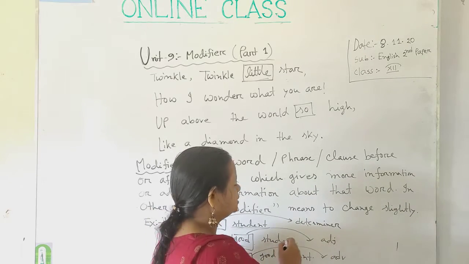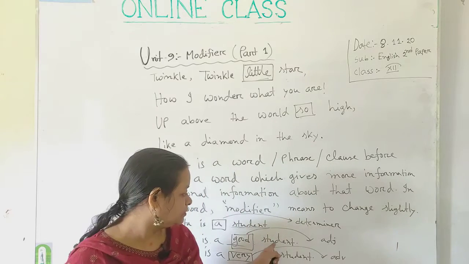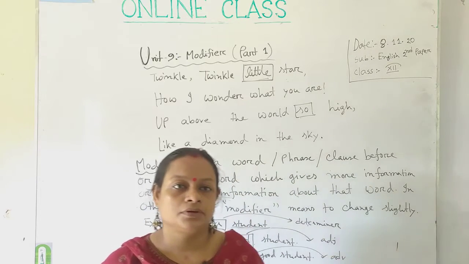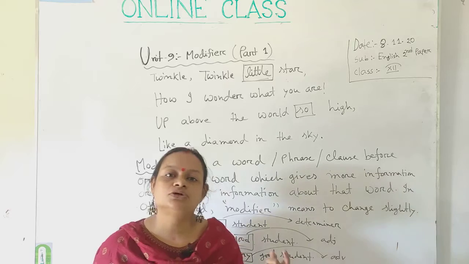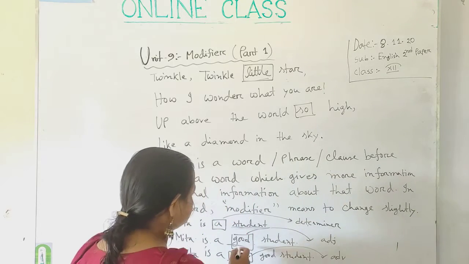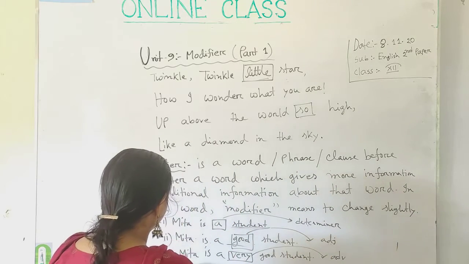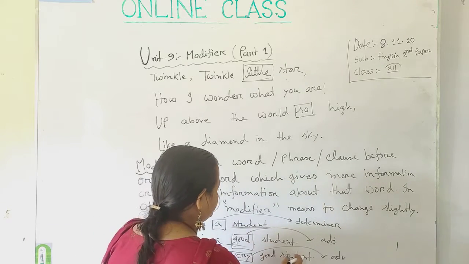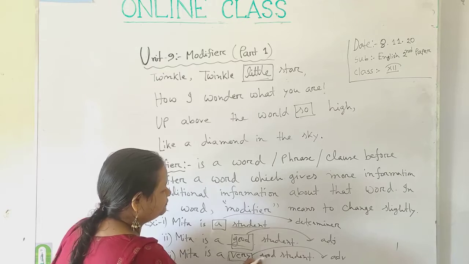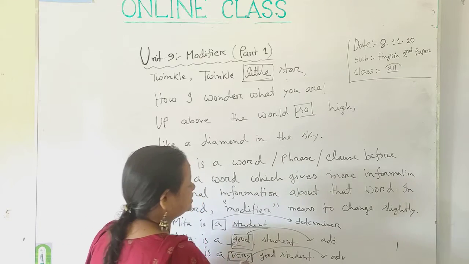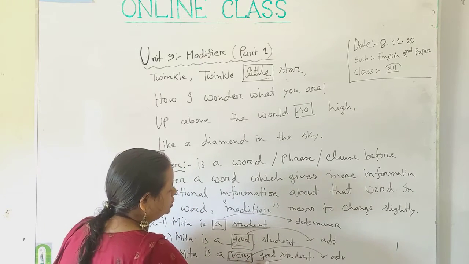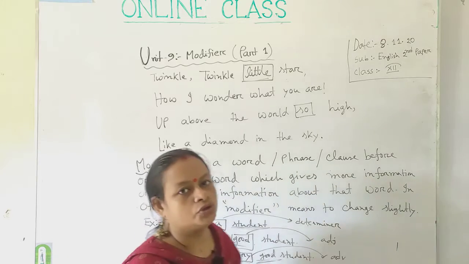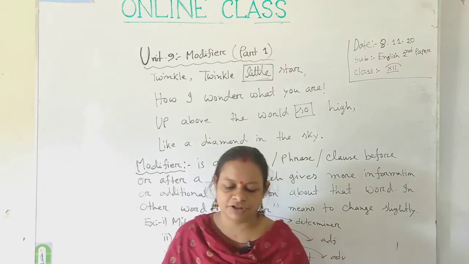It modifies the noun student, whether the student is good or dull. So, it is an adjective modifier. And example number 3, Mita is a very good student. Here the word very is an adverb. It modifies the word good. So, it is an adverb modifier.